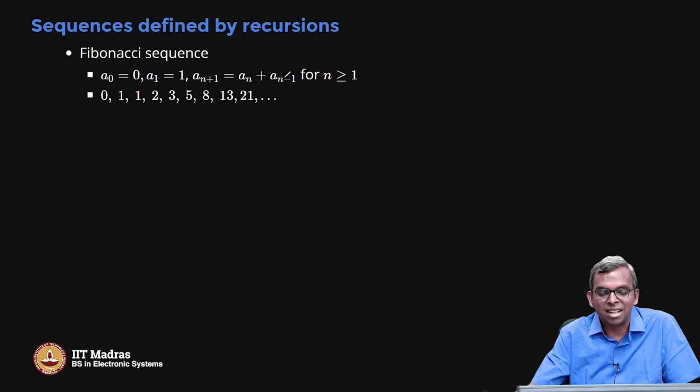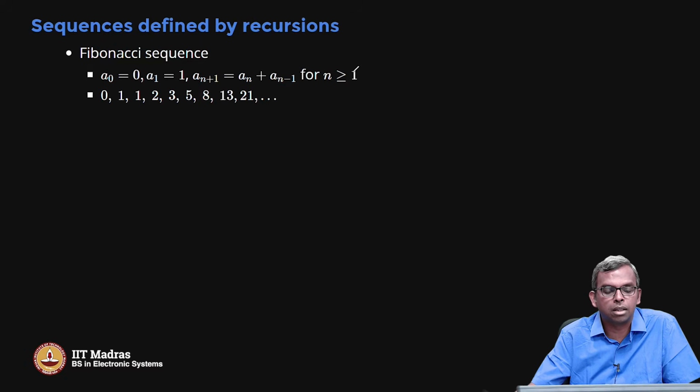And then there is the recursion. Notice this recursion here, it's a beautiful and simple thing. It says here A(n+1), the subscript entirely is n plus 1. The next one after An is going to be the sum of An and A(n-1). So A(n+1) equals An plus A(n-1). And this is for n greater than or equal to 1.